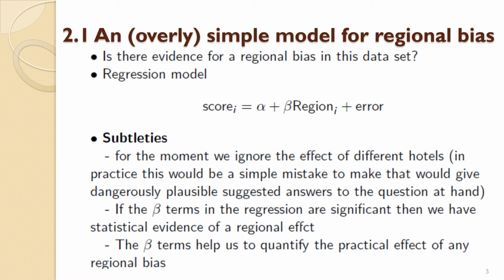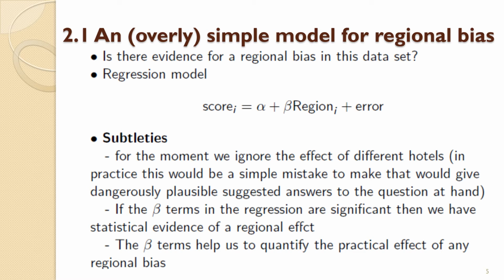An overly simple model for regional bias in these customer satisfaction scores is going to use the classical linear regression model. These are actually dummy variable regression models because the X variable here, region, is a group of different categories rather than a set of different measurements. So the basic problem is: is there evidence of regional bias in this data set?